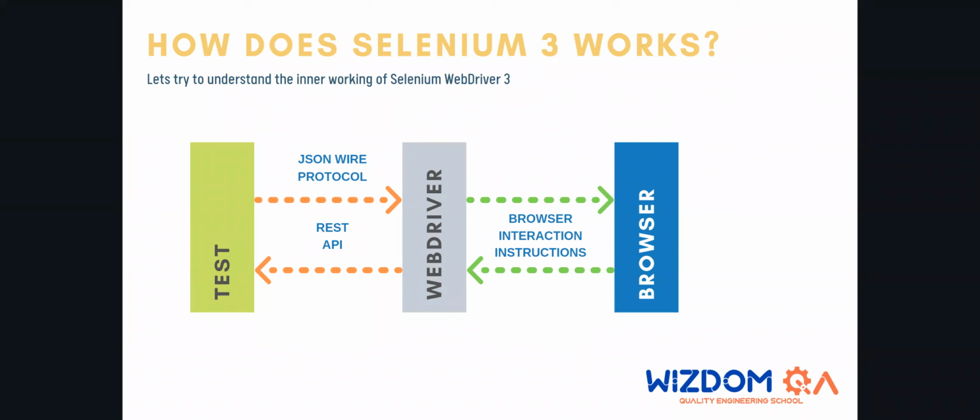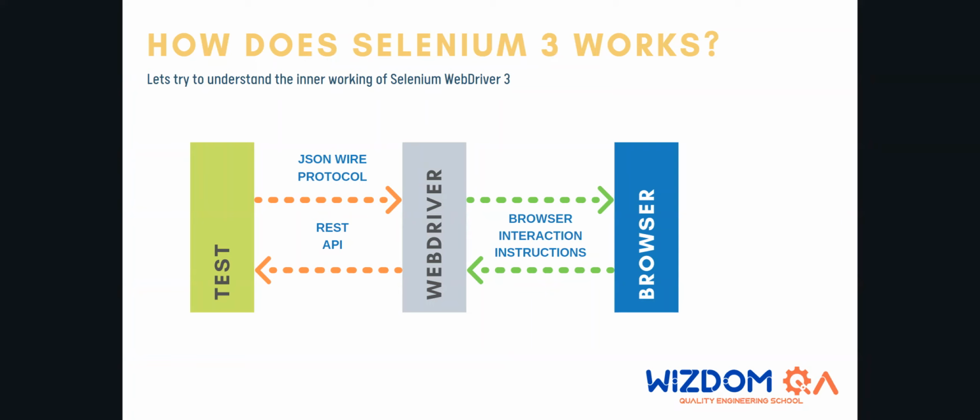Good. So what is Selenium? Selenium is a web browser automation tool. I told you that. There are a few versions of Selenium, and I'm really talking about two main versions: Selenium 3 and Selenium 4.